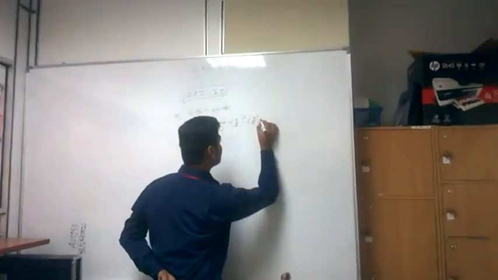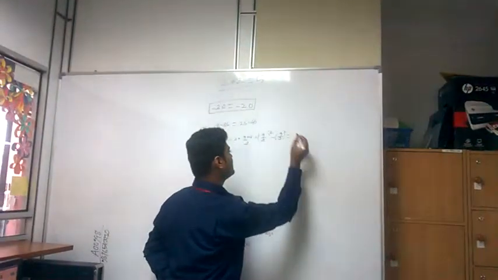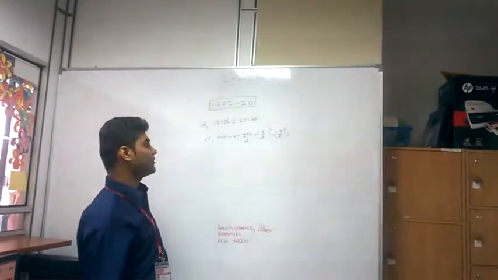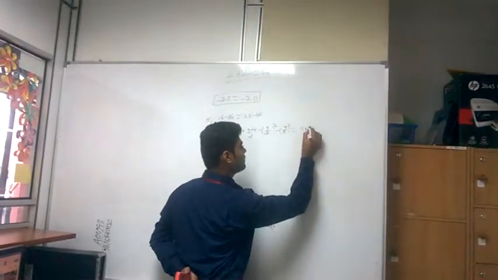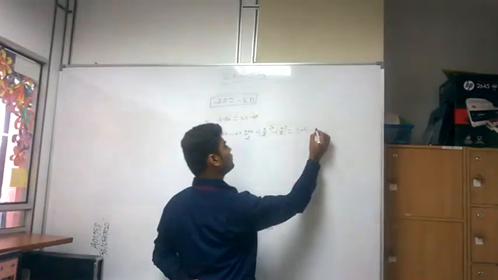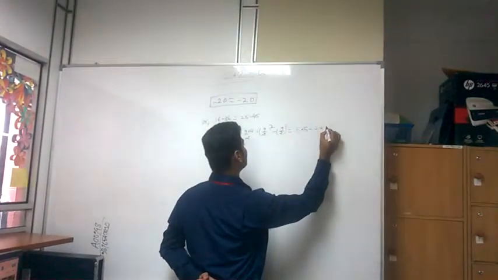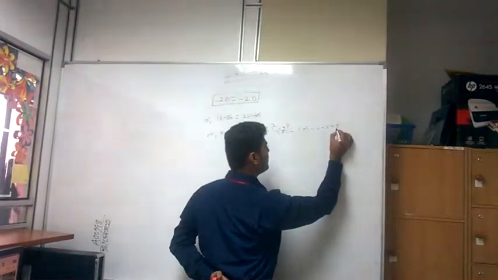Now see, this is equal to, now comes the right part of this equation. What is the right part of this equation? 25 minus 45. So 25 means 5 into 5 minus, again we do like this, 2 into 5 into 9 by 2.